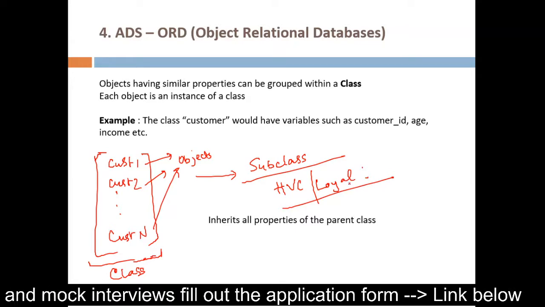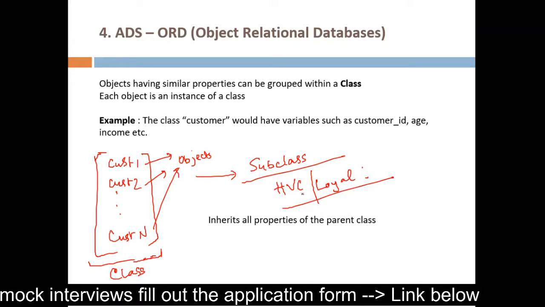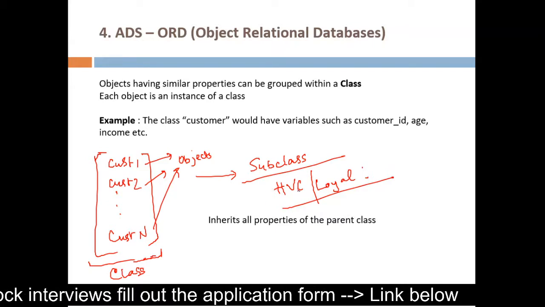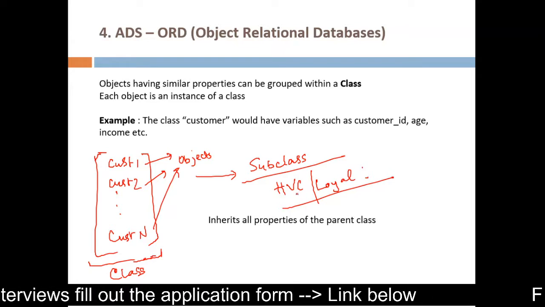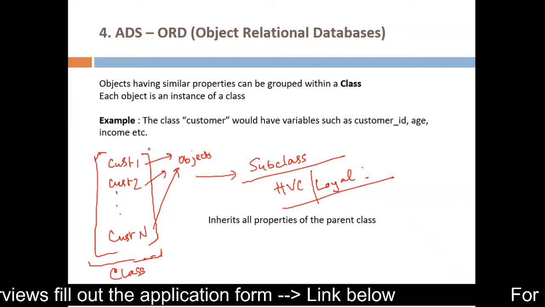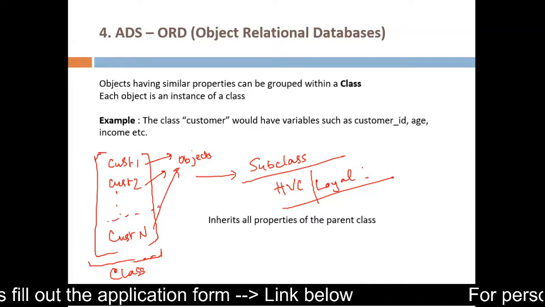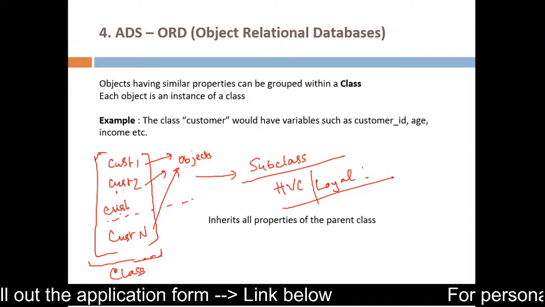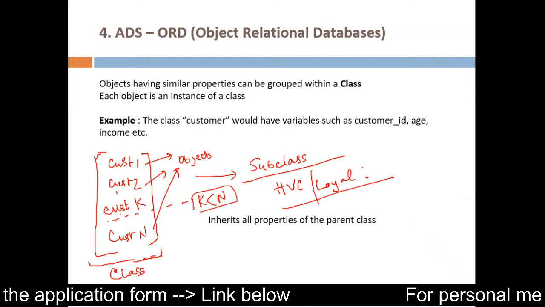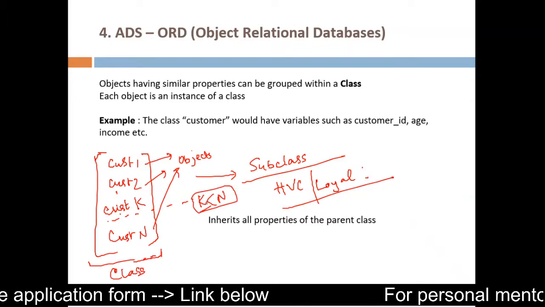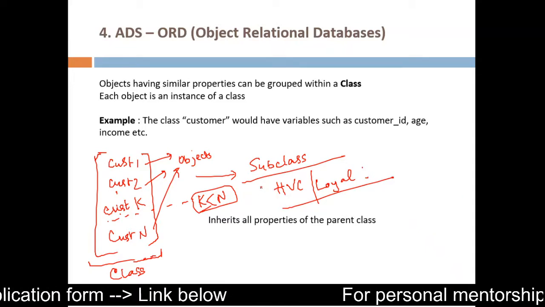Suppose you define your high value customers just based on the total transaction value, the total sales amount or revenue they generate over a period of time. If that is the case, then you would put a filter and look at only those customers, let's say up to customer K, where K is less than N. You would just look at this particular subclass or subsegment of customers who are your most loyal or high value customers.